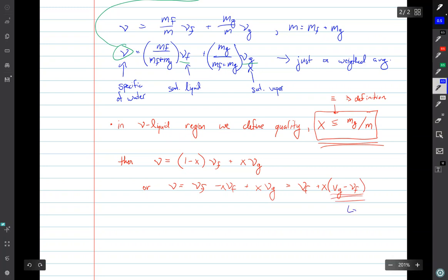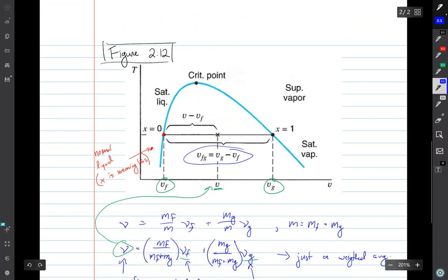Okay, and we say that this guy is equal to VFG. It's just the difference in the specific volume of the gas phase and the liquid phase.